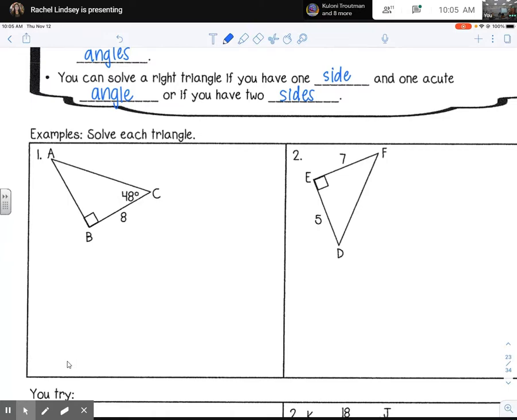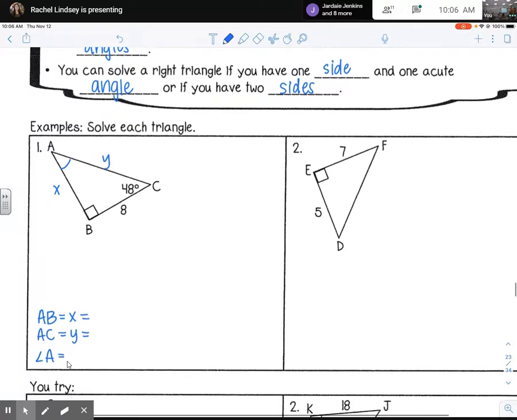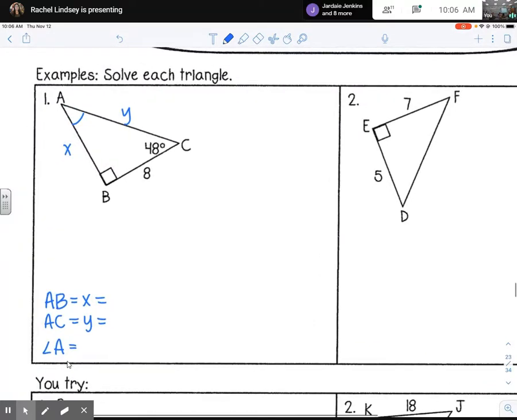So I need to find AB, and I'm going to call AB X. I need to find AC, and I'm going to call that Y. And then I need to find angle A. I'm just going to leave angle A as it is. I'm not going to label it, but we got to find this angle. So, got to find all three of those things.